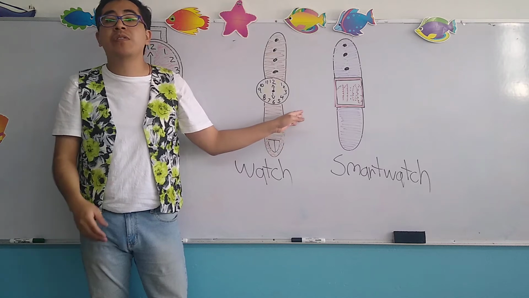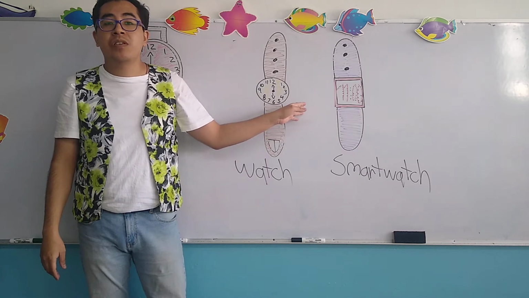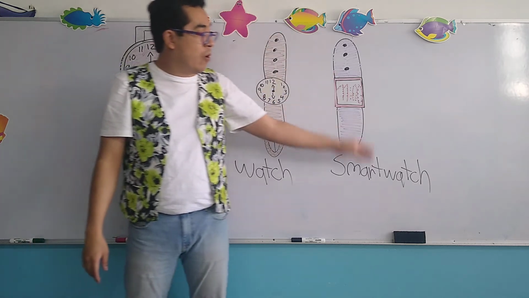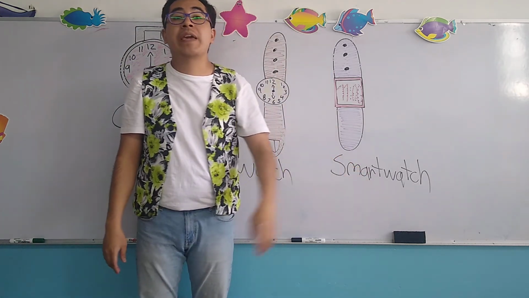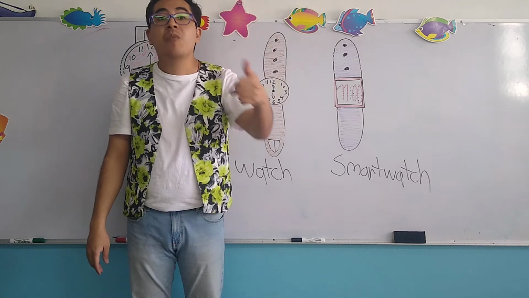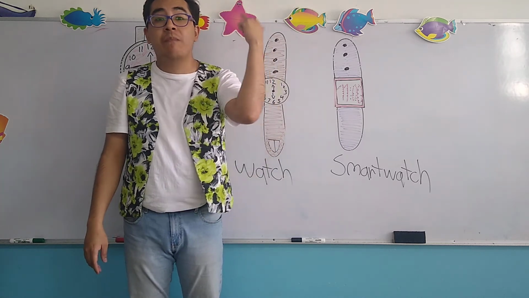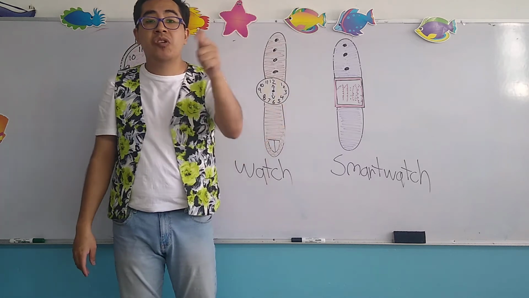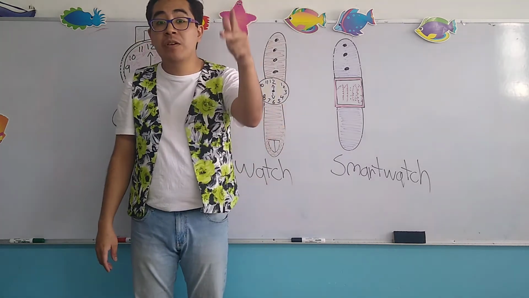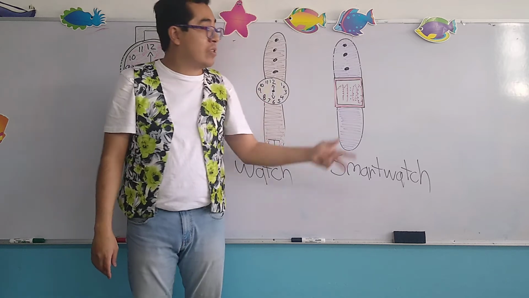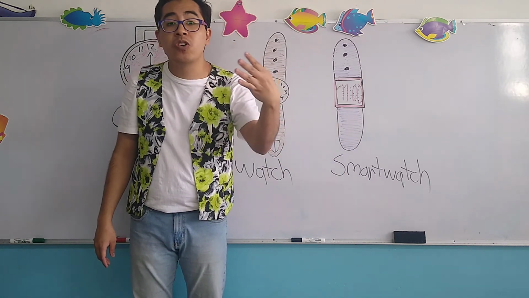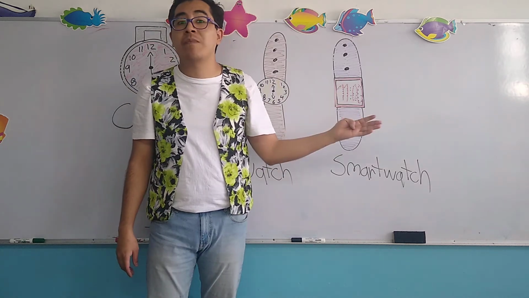It's only to give us the time. Únicamente sirve para darnos la hora, and that's it. And in the case of the smartwatch, we can send messages, we can, on some occasions, watch videos through YouTube, and on some occasions, we can play video games, okay? And on some occasions, we can listen to music, and of course, it gives us the time, okay?